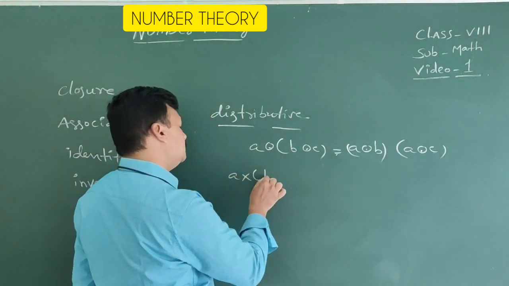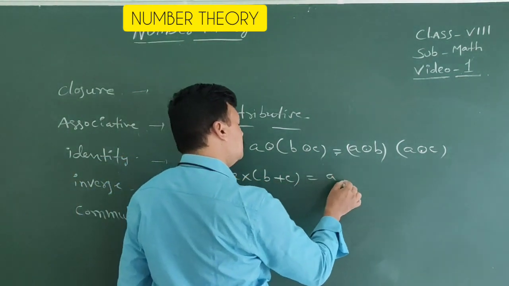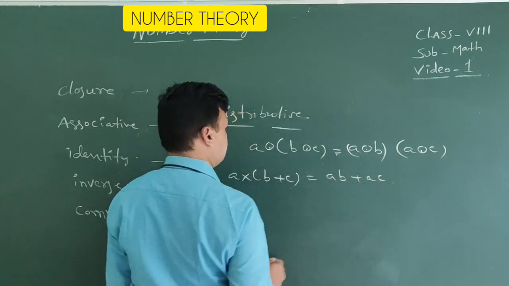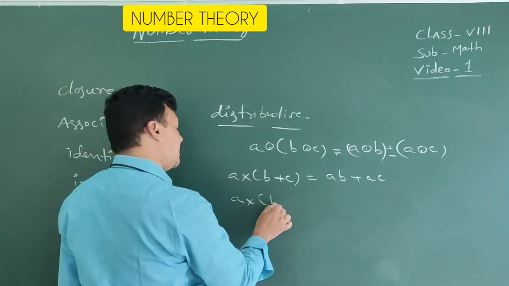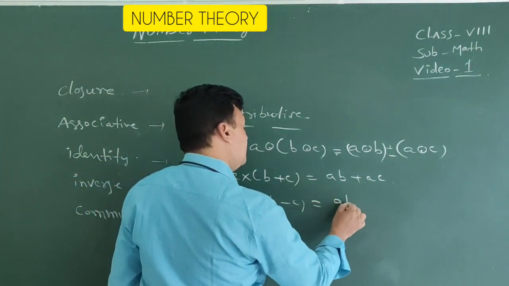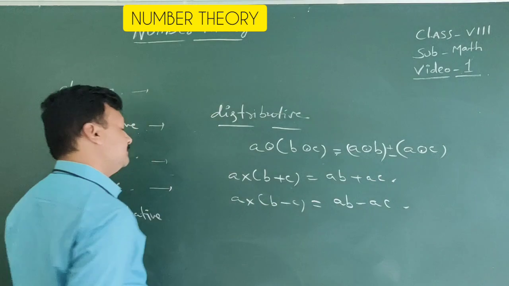Here a into b plus c equal to ab plus ac. Plus means plus, minus means minus. Here a into b minus c equal to ab minus ac.